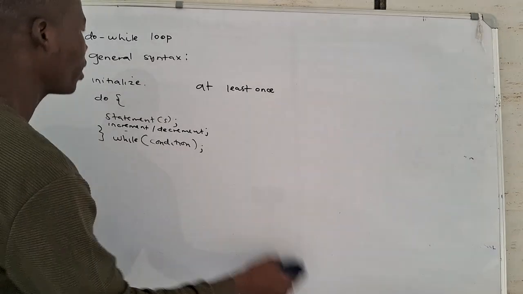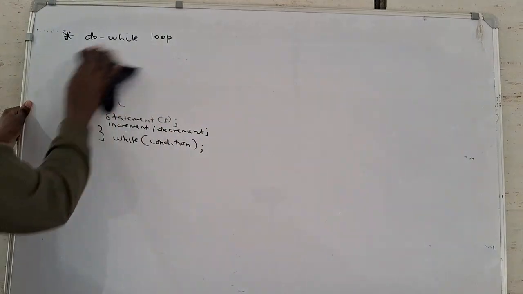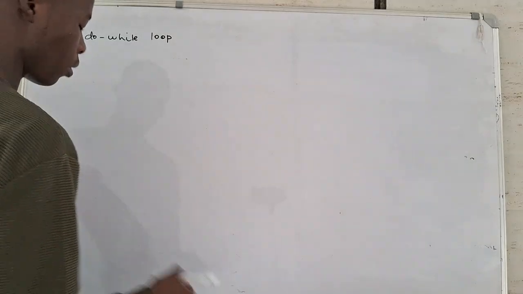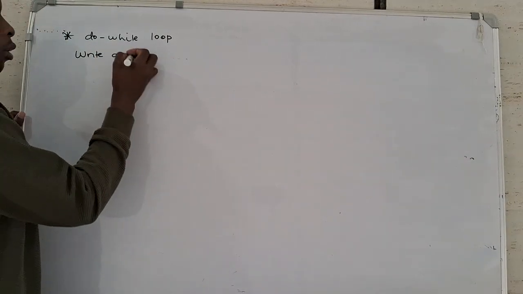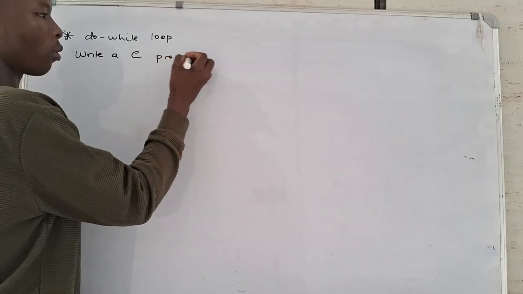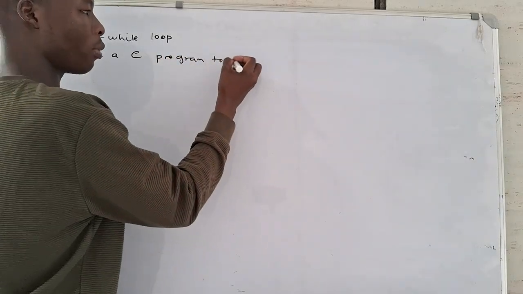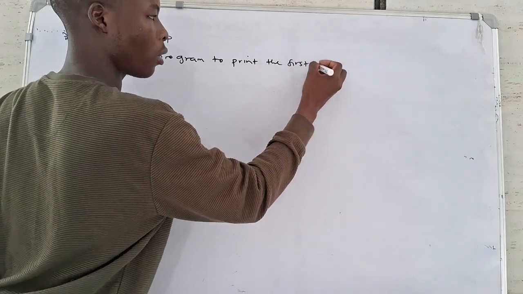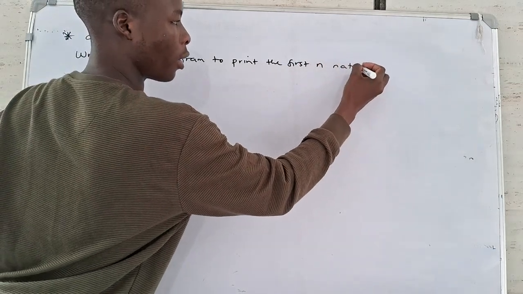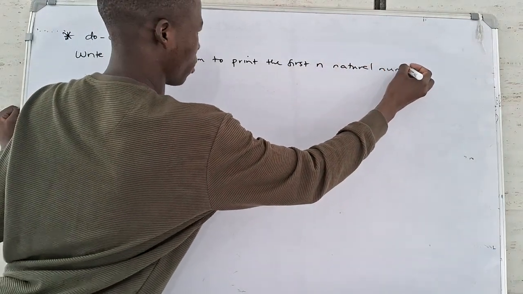So here we want to write a C program to print the first n natural numbers.